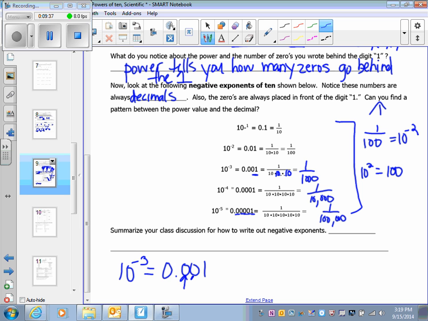Tenths, hundredths, thousandths. Okay, so for 10 to the negative 4th, that would equal 4 zeros, including the leading 0. So the leading 0 is this number in front here. So this is tenths, hundredths, thousandths, ten-thousandths. Okay? All right? So hopefully you'll start to notice a pattern there.